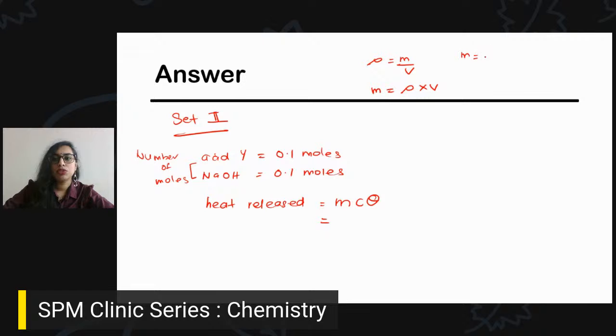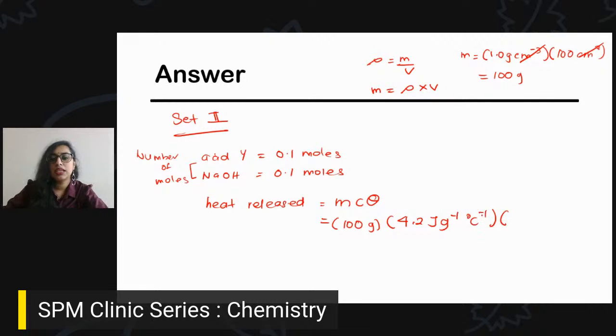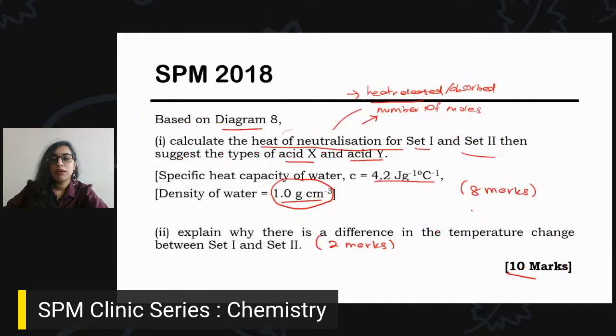So mass is equal to density 1.0 gram centimeter negative 3 times 100 centimeter cubed. Cancel this, you will get 100 gram. So the mass is 100 gram. The specific heat capacity is going to be 4.2 joule per gram per degree Celsius, and you multiply with the theta.